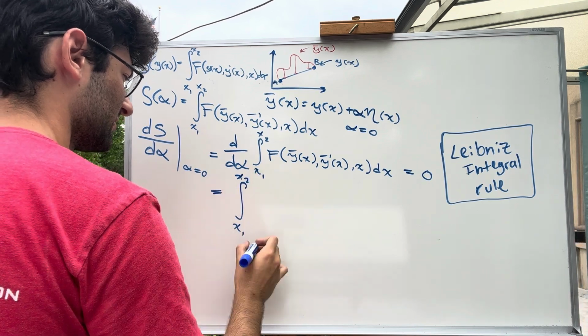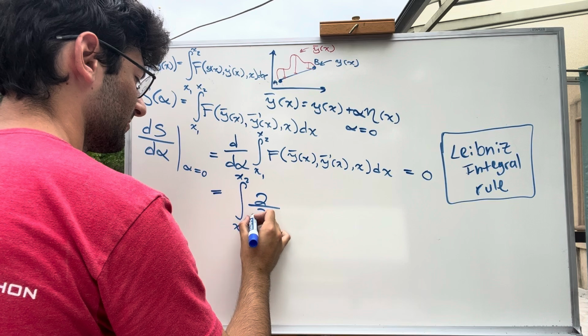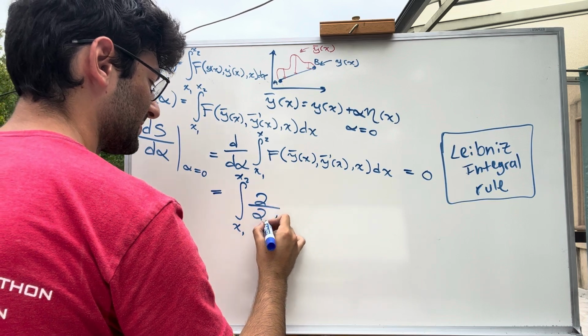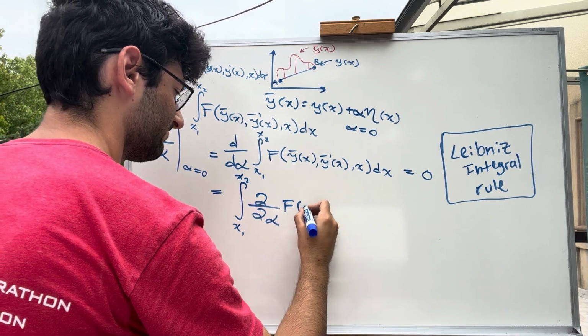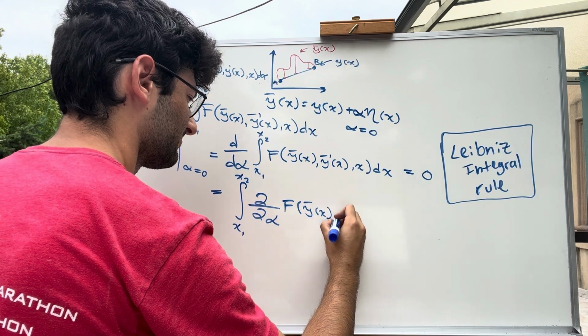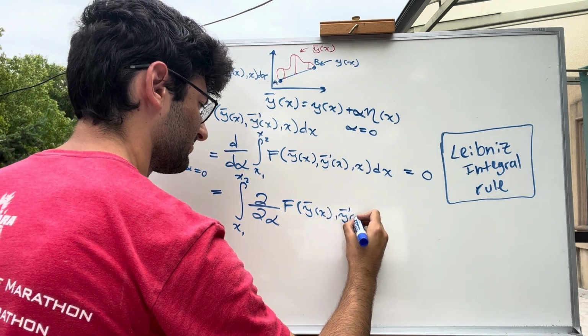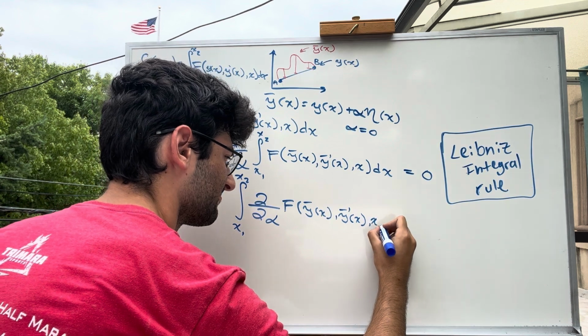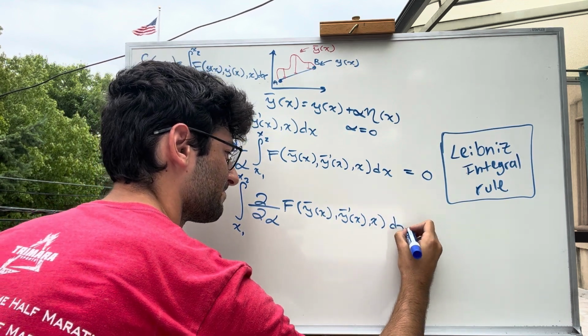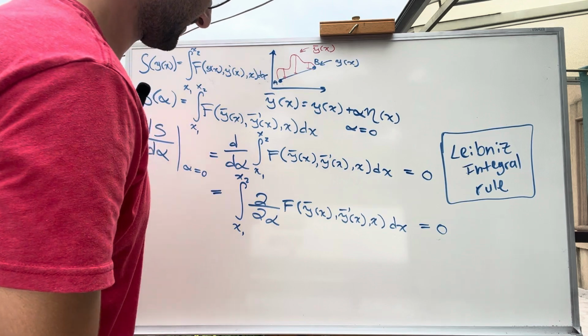So the integral from x1 to x2 of the partial of f with respect to alpha, setting it equal to 0.